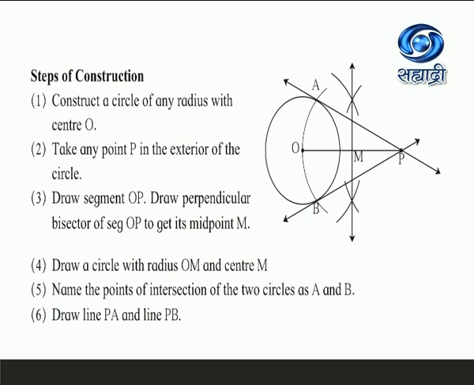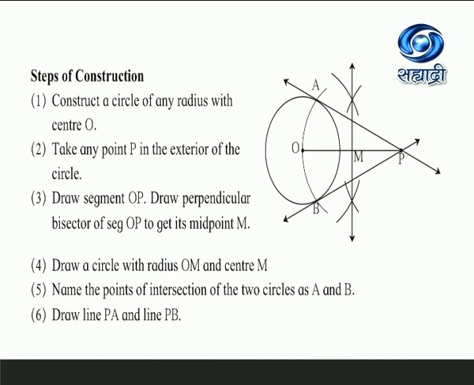Draw a circle with radius OM. Now this is where students usually make some mistakes. Till this point they do it properly. Next, you are supposed to keep the pointer at M and take OM as the radius of the new circle with center M. Draw a complete circle, or just a circle which cuts the previously drawn circle at two different points A and B. And the last thing is to join PA and PB.